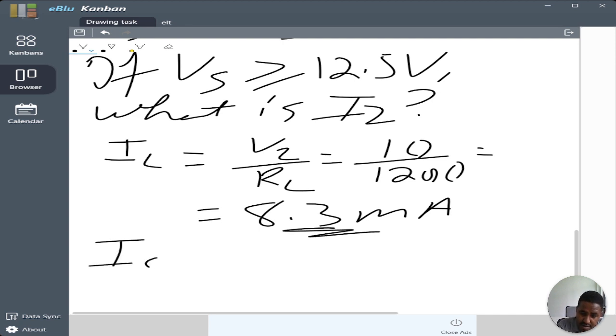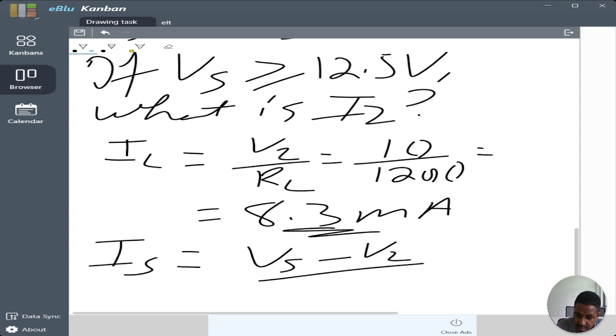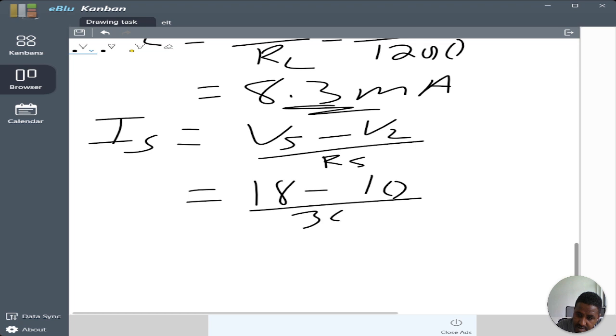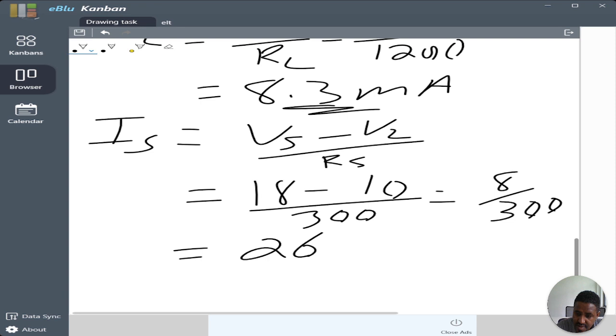What about I source? I source is V source minus Vz over Rs. Our maximum voltage is 18, minus 10, over 300. This becomes 8 over 300. Our result is 26.6 milliampere.